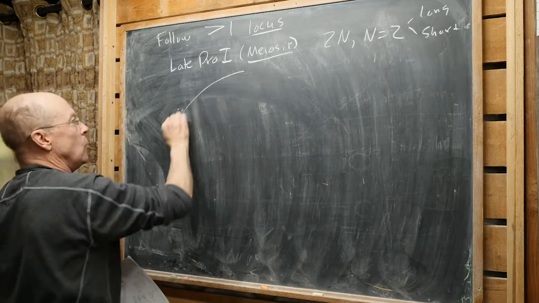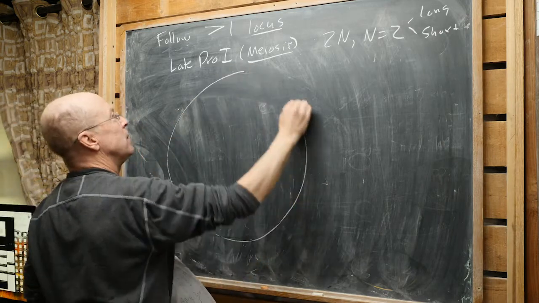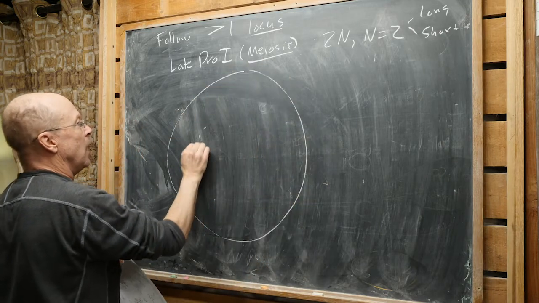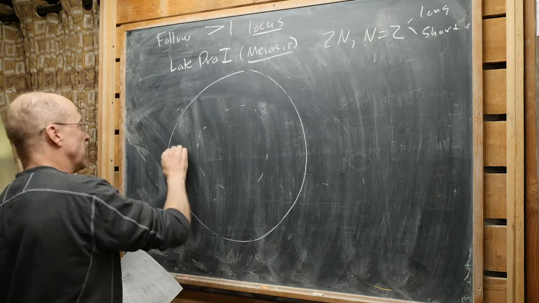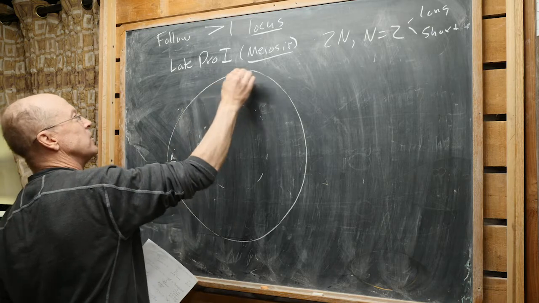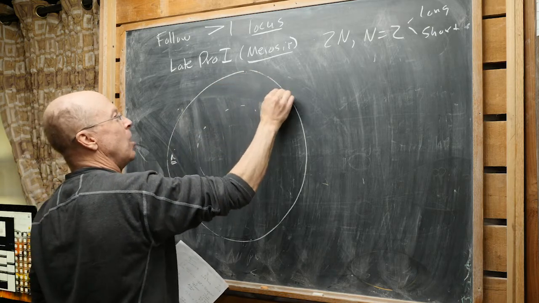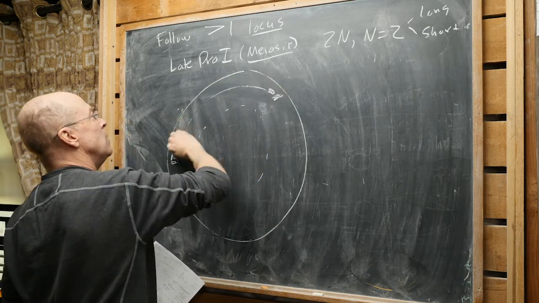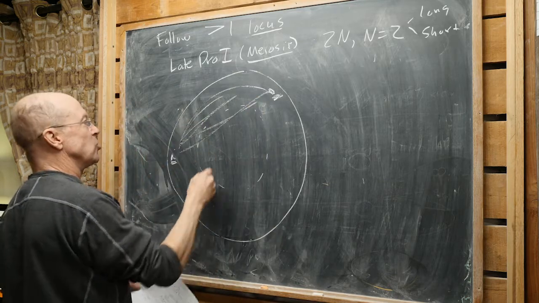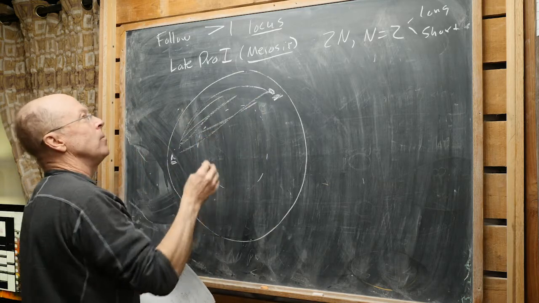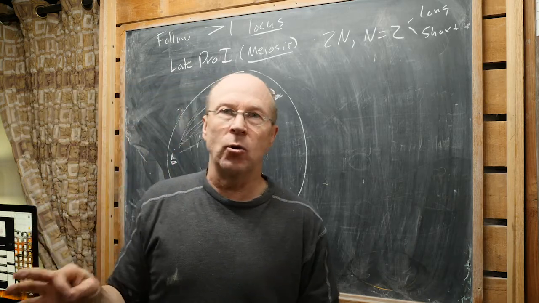So the whole cell's looking like this at this point. Nuclear envelope is essentially gone. Of course, just to give honor to what's happening, it's almost ready for metaphase, so we've got a beautiful spindle forming. By the way, I'm not going to show any crossing over.